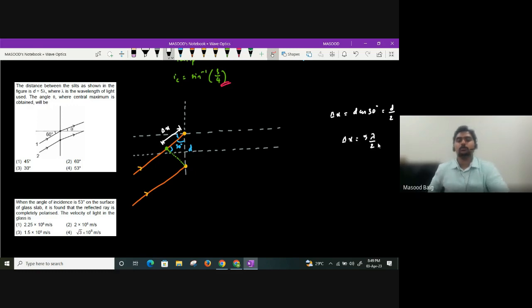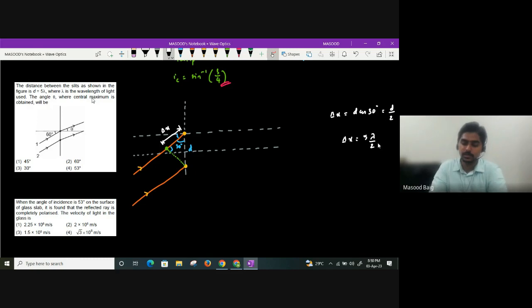Now tell me, how many fringes did the central maxima shift? Taking 2n minus 1 lambda by 2, can I say 3 fringes it has shifted upwards? 5 lambda by 2 we got.